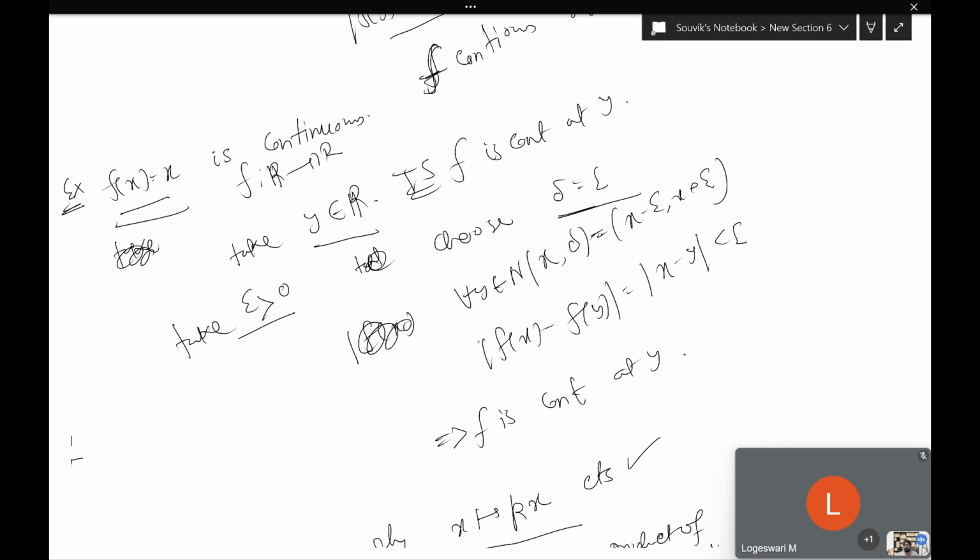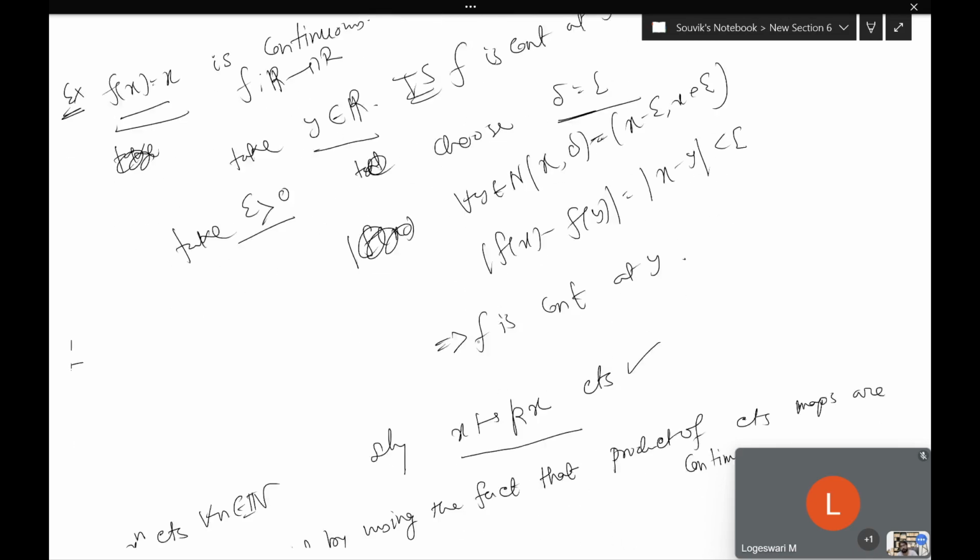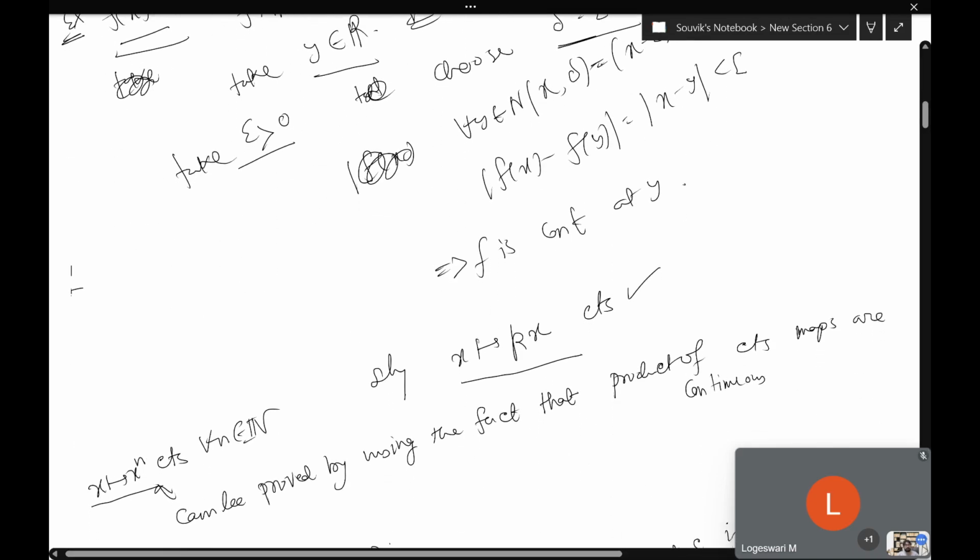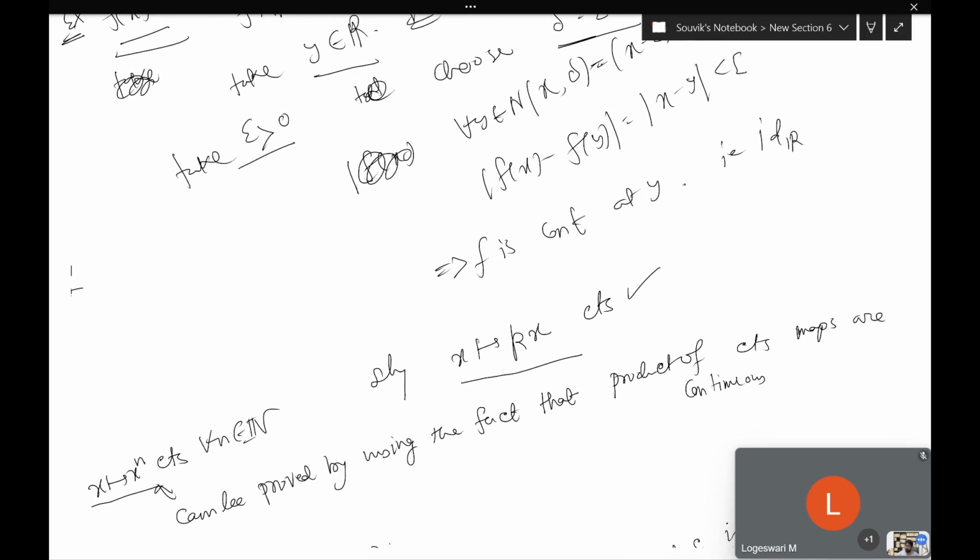So f is continuous at y. So in this way, you can show that the identity map is continuous. Okay.